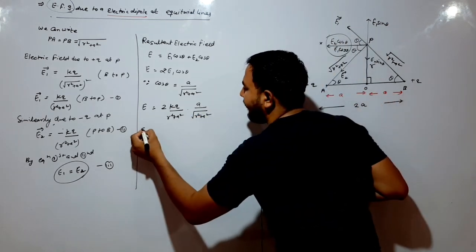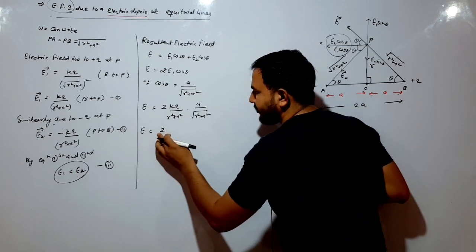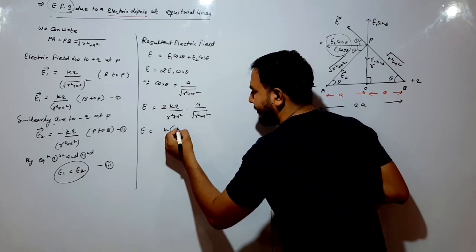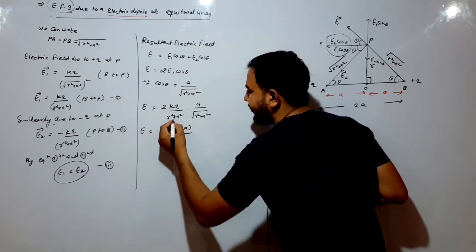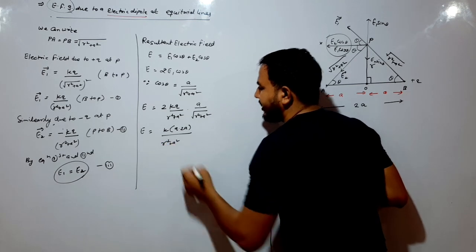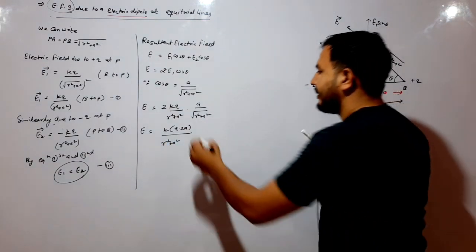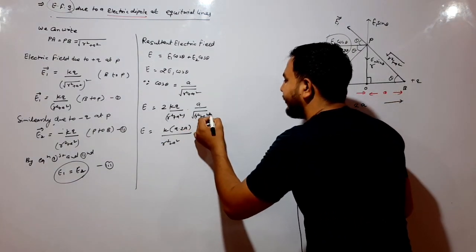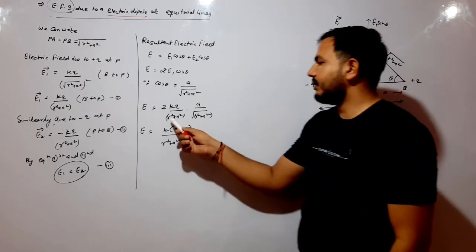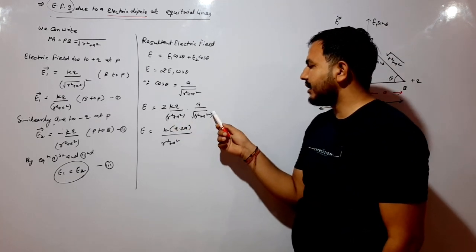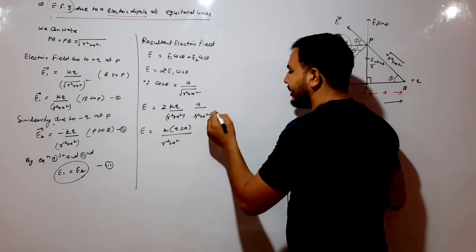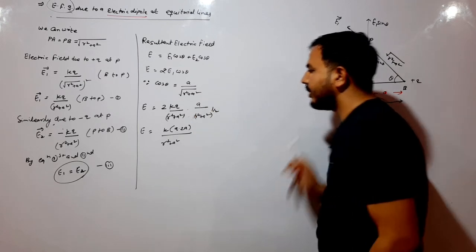You can modify it as kq into 2a upon r square plus a square. Here you can write this as, this is the base, this is the base, and you can use the 1 by 2.